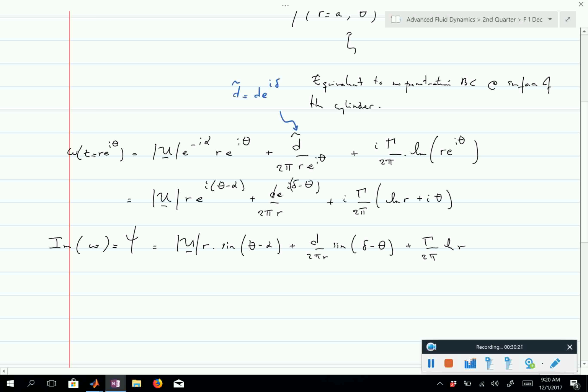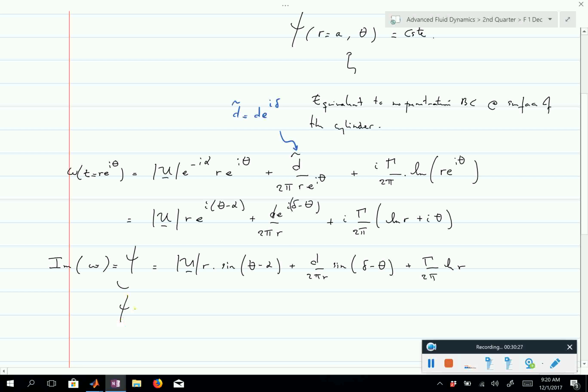So once you've written the potential, you just take the imaginary part, and now we just write that our stream function on our surface, so at r equals a, and theta, has to be equal to a constant.